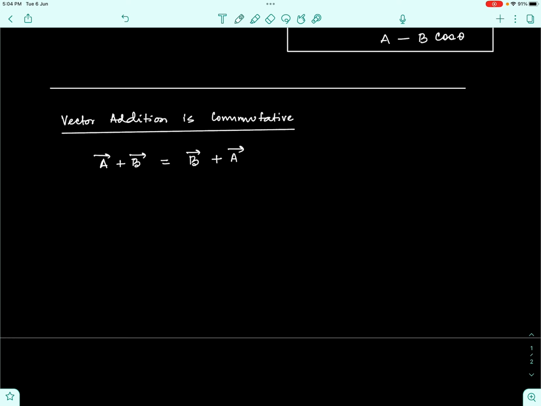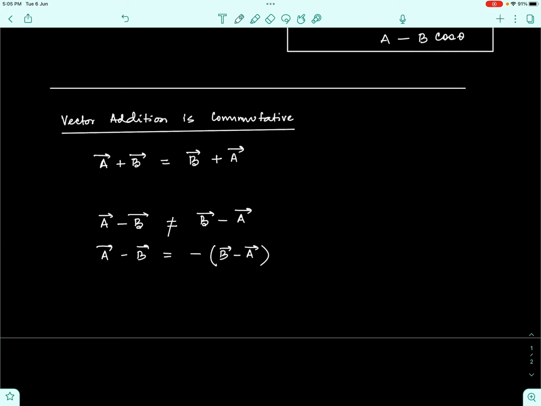Whereas, if we look at the subtraction of two vectors, vector A minus vector B, we all understand that this will not be the same as vector B minus vector A. In fact, vector A minus vector B can be written as negative of vector B minus vector A, isn't it?